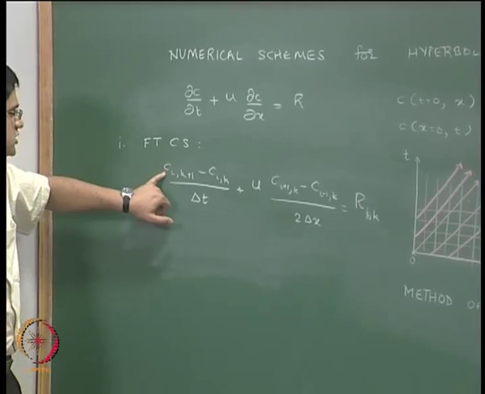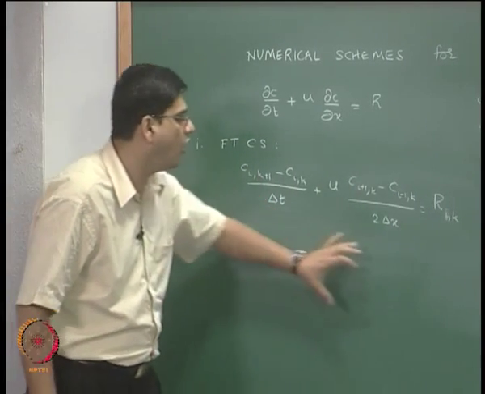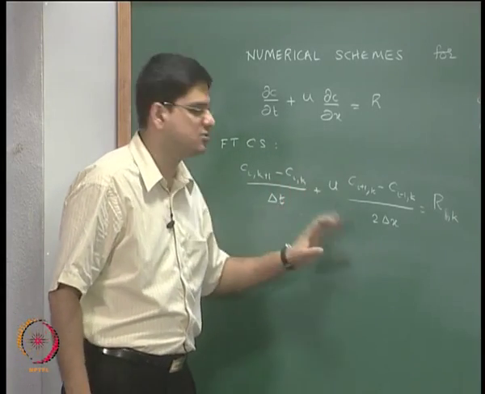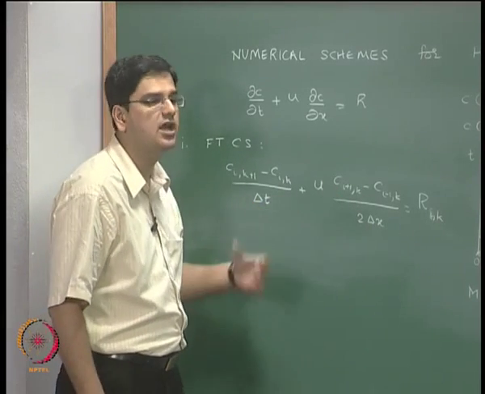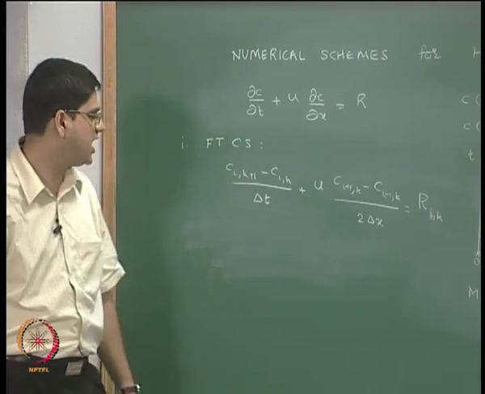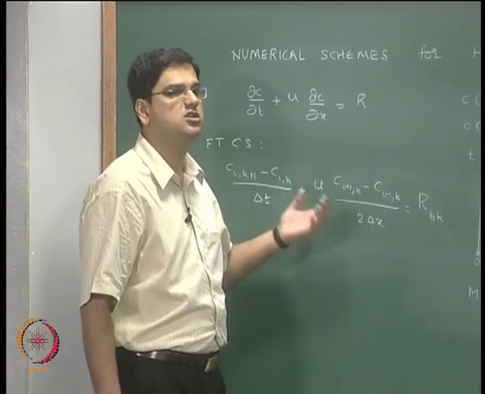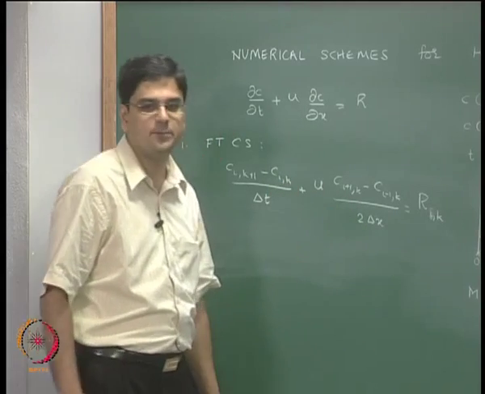Here the concentration is to be found at time k plus 1. We know all the values at time k. So you can move this equation to the right hand side multiplied by delta t, and you will get an expression for Ci,k+1. So you can conceive to use this method in order to solve a hyperbolic PDE.